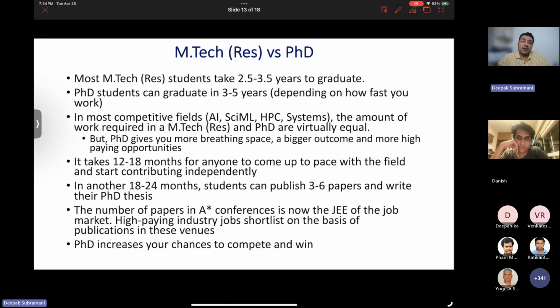If you make a mistake there, you're put in a PIP program and fired in the next quarter. In an MTech research or a PhD program, you can make a mistake and recoup in 2 or 3 months. There is some resilience because you're still a student. Ultimately you're responsible for your thesis, but it's not like somebody will fire you for some small mistake along the way.